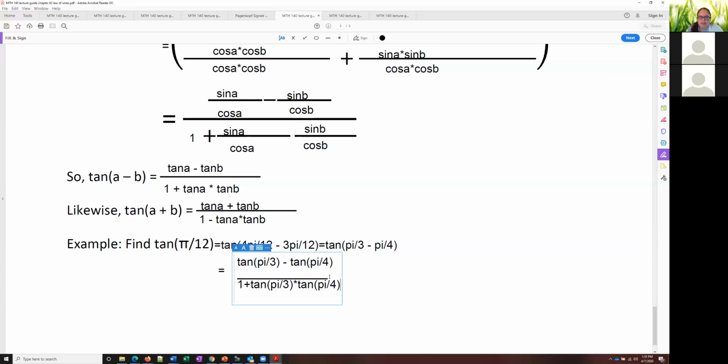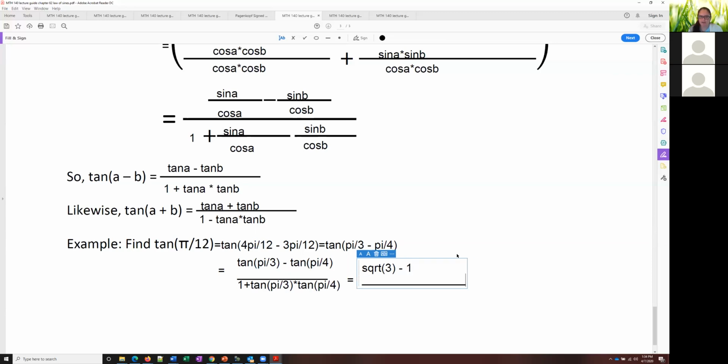Okay, so let's see, my A is pi over 3, so I have tangent of pi over 3 minus tangent of pi over 4, and then on the bottom I have 1 plus the tangent of pi over 3 times the tangent of pi over 4. And then I need to start thinking about, well, what are these values? The tangent of pi over 3, that's the square root of 3. The tangent of pi over 4, that's just 1.